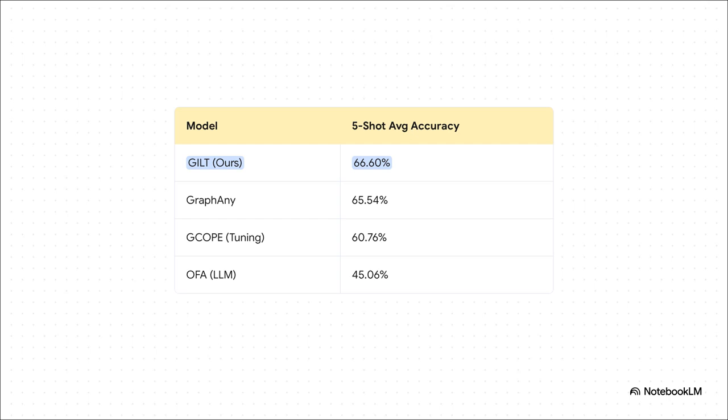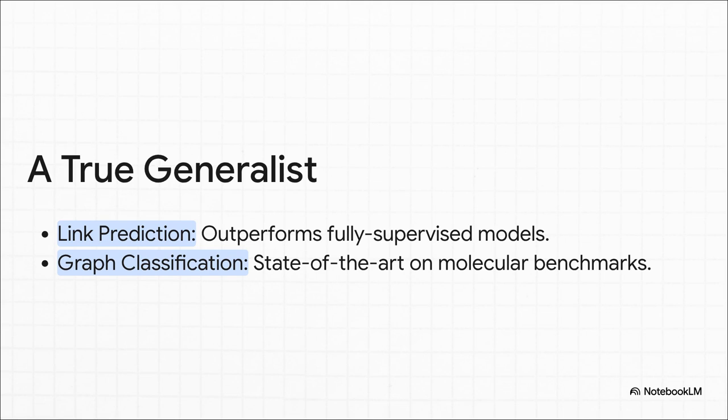It's not just beating the competition, it's leaving the LLM-based approach in the dust and inching out the other top contenders. And it's not just a one-trick pony. Not at all. It's also fantastic at something called link prediction, basically figuring out missing connections in a network. And it even achieves state-of-the-art results in classifying entire graphs, like really complex molecules. This thing is a true generalist.